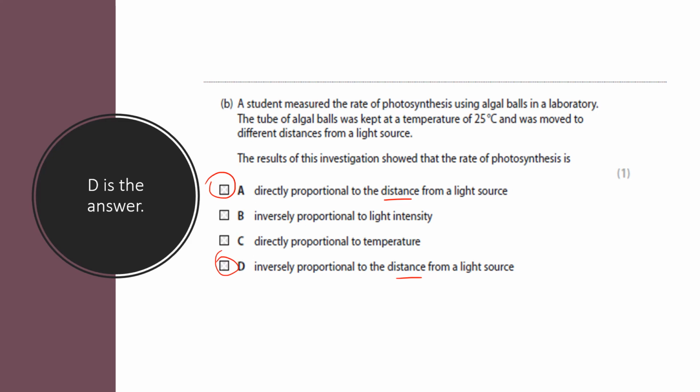Responses B and C are not related for this selection. Response A is directly proportional to the distance from the light source, so it is not the correct answer to this question. Then response D, inversely proportional to the distance from the light source, is the correct response.